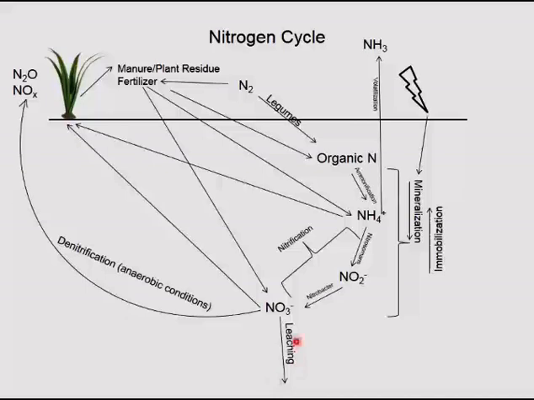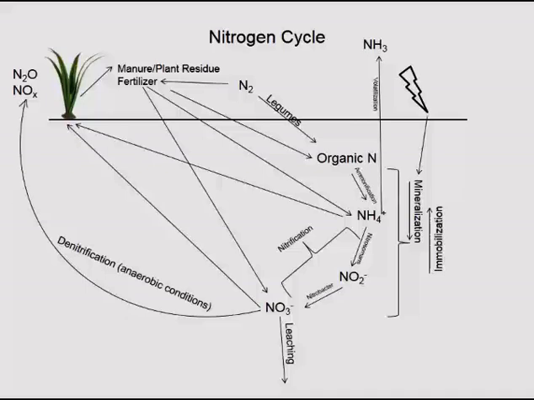And so you'll hear about nitrate leaching and getting into the groundwater, and that's really bad because it causes problems. But you now know the reason nitrate leaches is because in the soil it exists as a negatively charged anion, and it doesn't tend to stick to soil particles. Ammonium, on the other hand, is positively charged. It will bind to those clay particles.